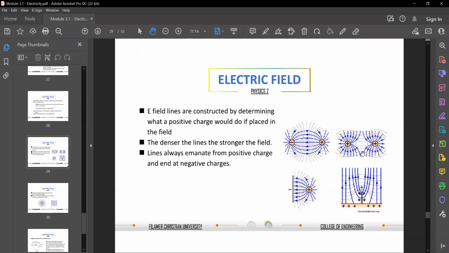Here, the same charges repel. You can see the field lines. The denser the lines, the stronger the field. Lines always emanate from positive charge and end at the negative charge, meaning from positive to negative. The blue ones are our field lines, from positive to negative.